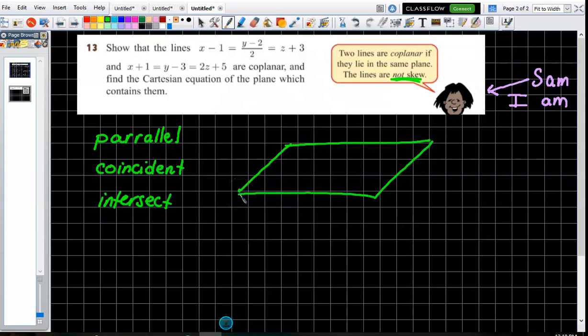So if we've got our plane and we've got our two lines, let's call this one here and it's going whoosh. And if we've got our next line here, if it's going to be parallel, what would happen? How would we know that two lines are parallel? They'll have the same direction vector, right?